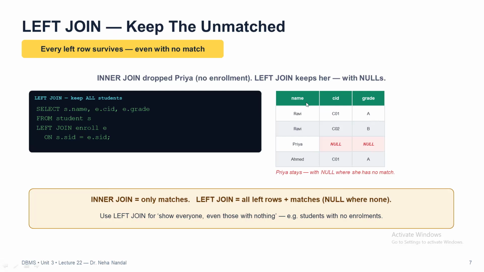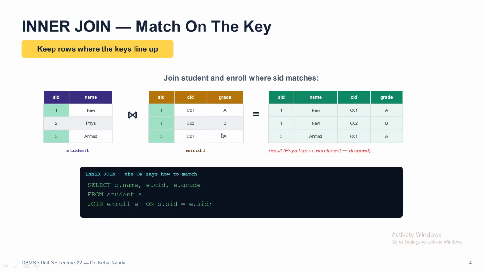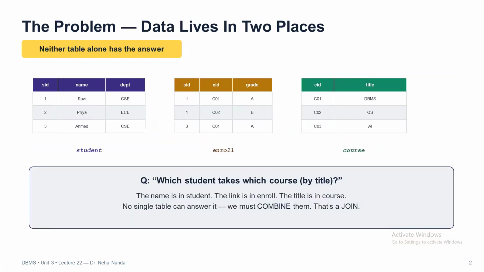Let us see how it will be displayed. We will see the initial table first: in student we have SID, name and department, and suppose we are performing left join with enroll, displaying only the name, CID and grade. It will try to match SIDs on the join condition, but whatever is available on the left hand side will definitely be part of the output.